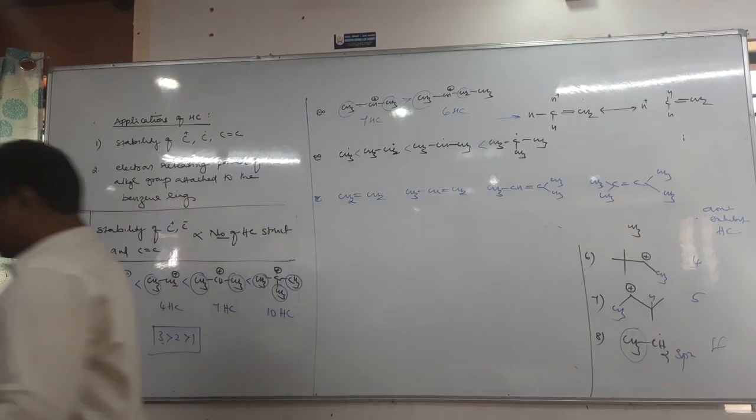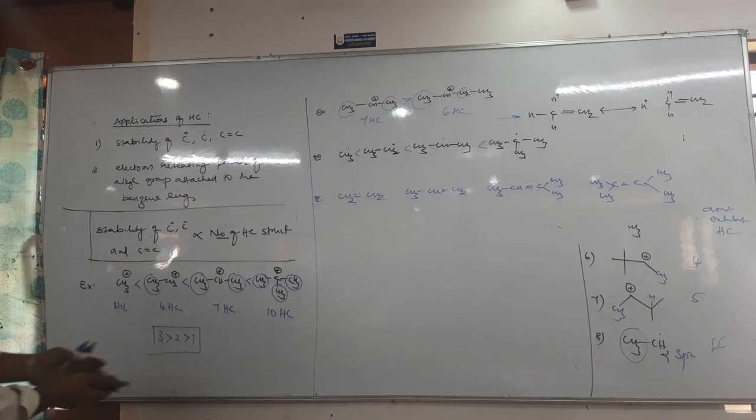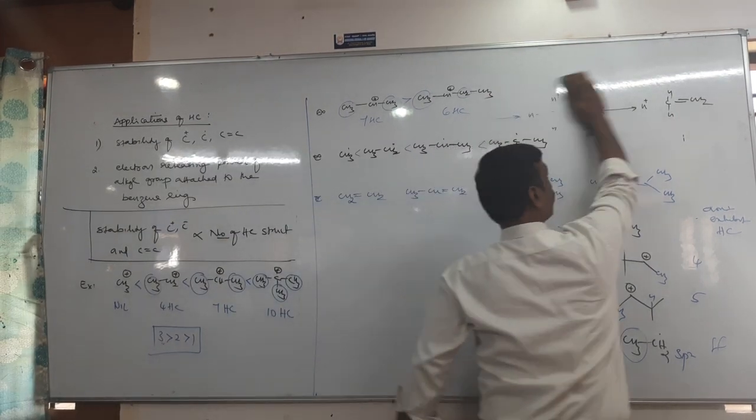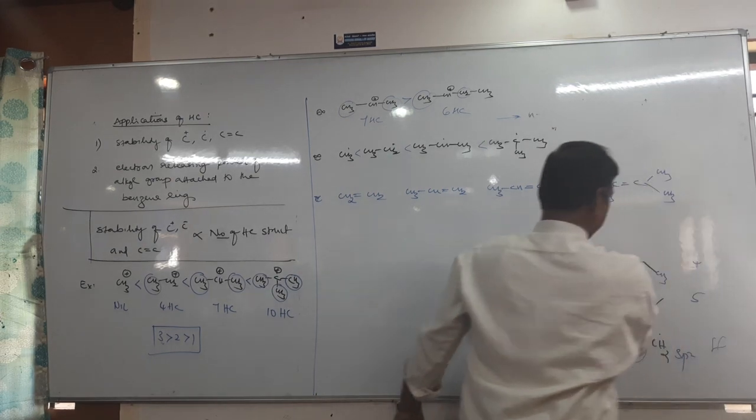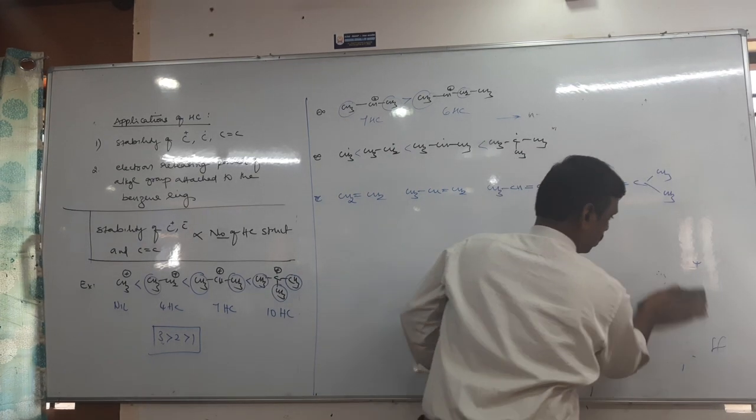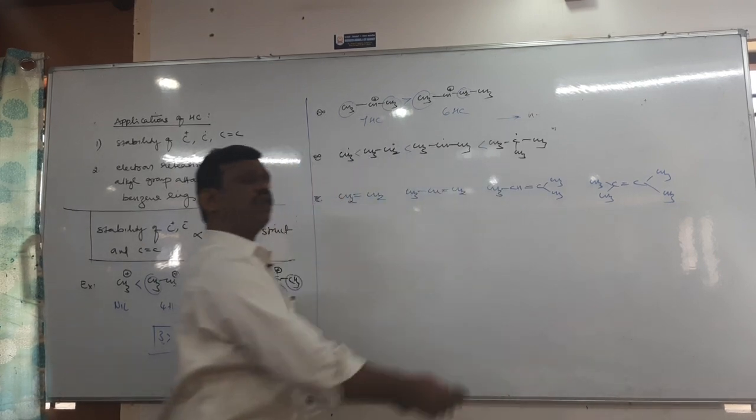So what is the order of stability of alkenes? Try to identify how many hyperconjugations are possible. As the number of hyperconjugations is more, stability will be relatively more.